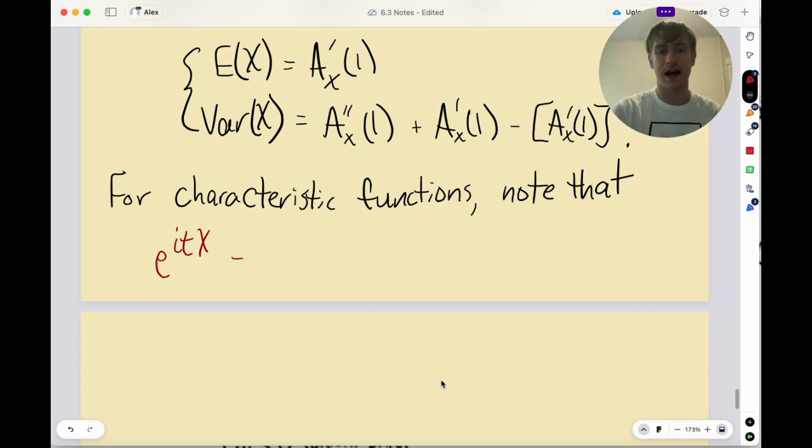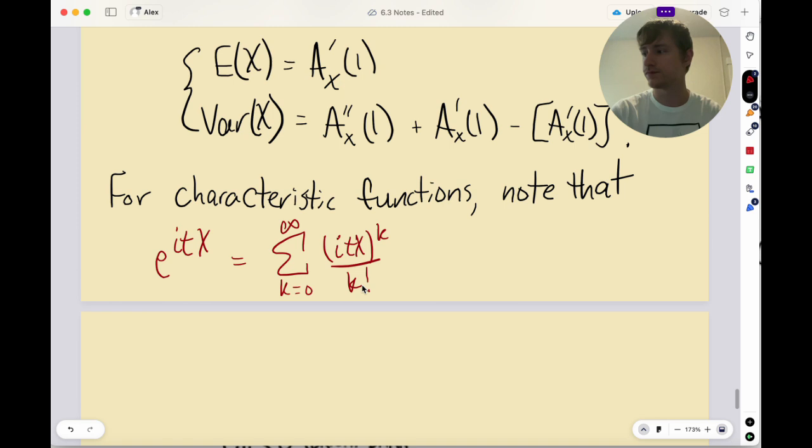So I'm not assuming that you've taken complex analysis, of course, just like in the last episode, but here we're just going to make the assumption that it works the same way, and you can take my word for it. So this is going to be the infinite sum from k equals 0 to infinity of (itX)^k over k factorial.